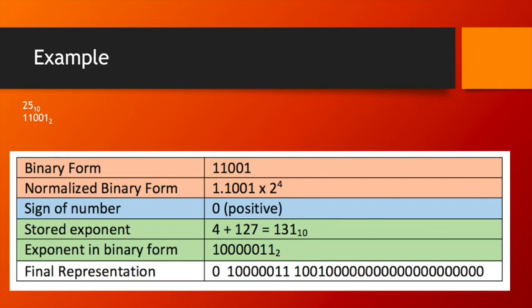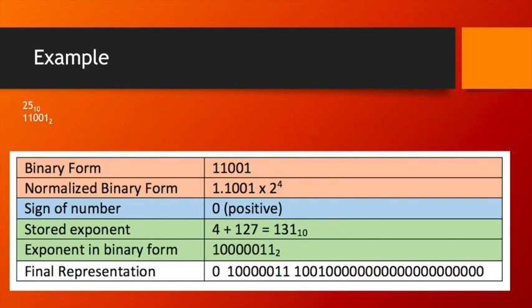We'll truncate that first one off, and so we're left with 1001. We have to have 23 digits, so we have the first 4 there, and we'll pad the other 19 with zeros. So our final representation, you can see, is 0 for the sign bit, then the exponent is 10000011, and then the mantissa is 1001 followed by 19 zeros.